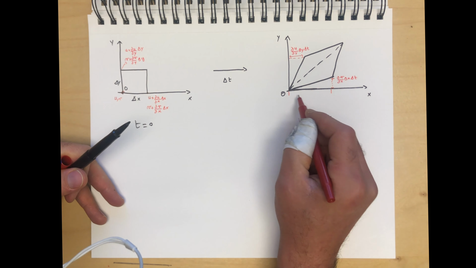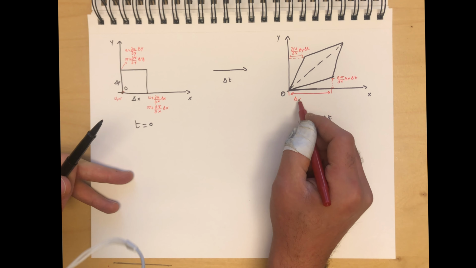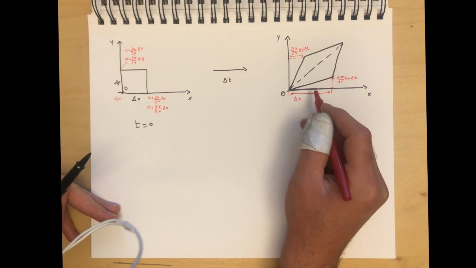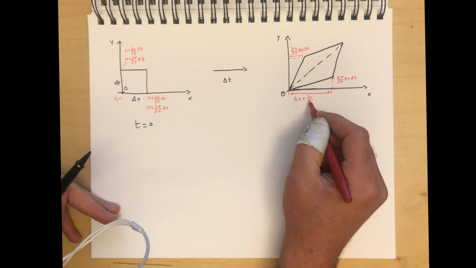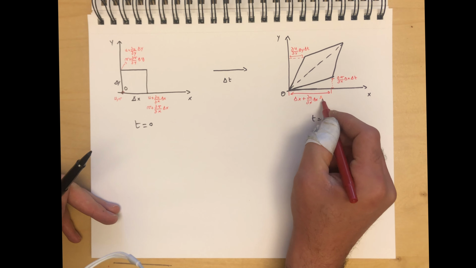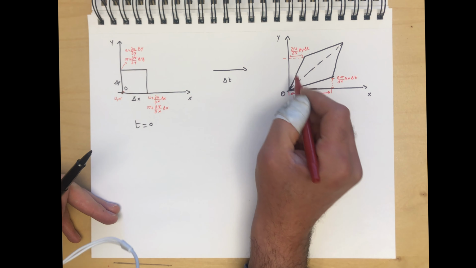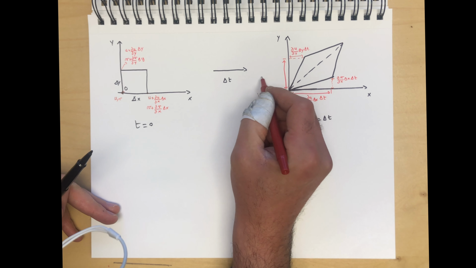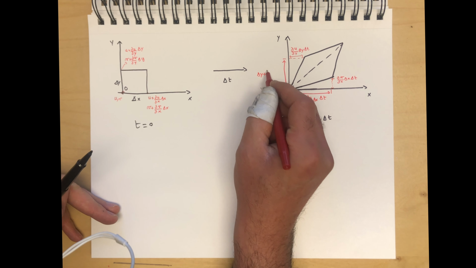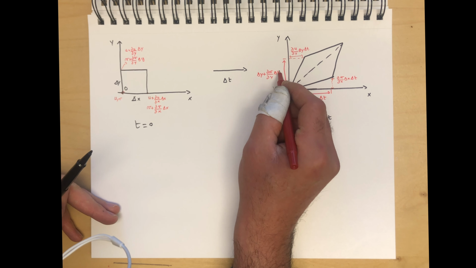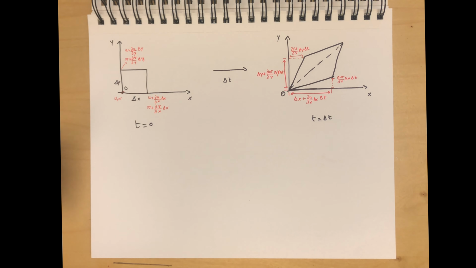Now this distance over here is the original distance delta x plus how much stretching happened in the x direction, so that's du by dx delta x times delta t in a small increment of time. And same thing over here: this distance is the original delta y plus dv by dy delta y times delta t. Okay?